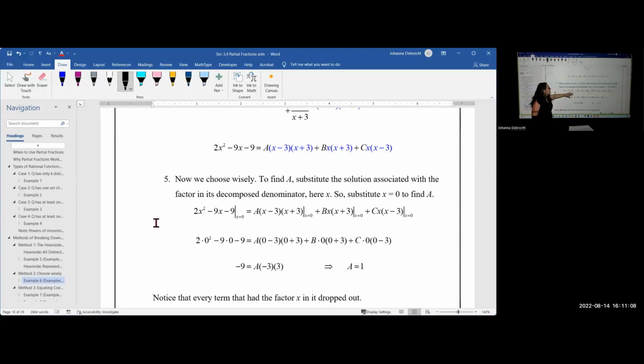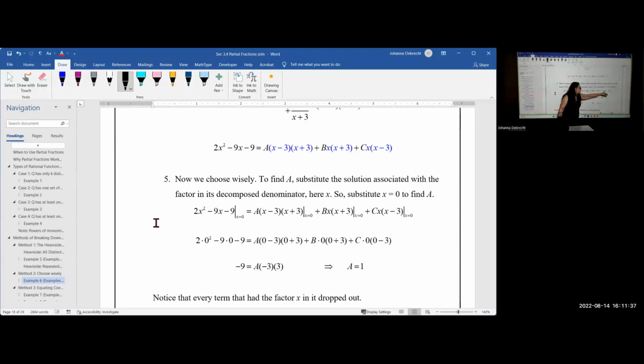We're going to start with the factor of x from the original denominator. We're going to substitute x equals 0 into the left side and x equals 0 into each of the terms on the right side. So on the left side, any term with x in it drops out, and I just get negative 9. On the right, any term that has the monomial x drops out, because that's 0.